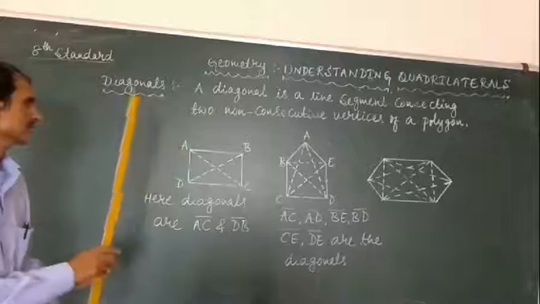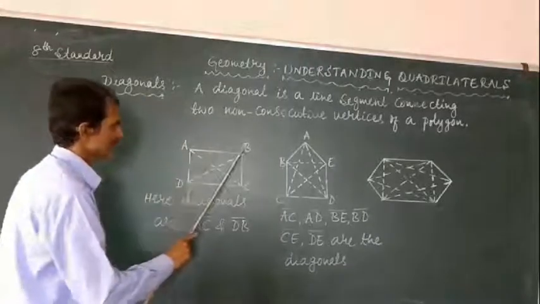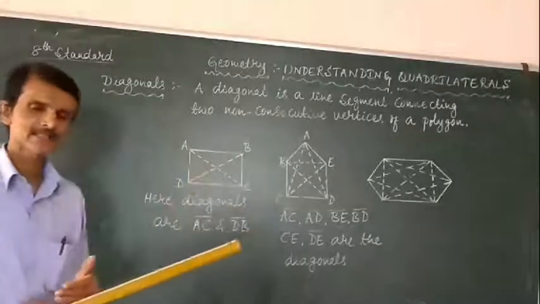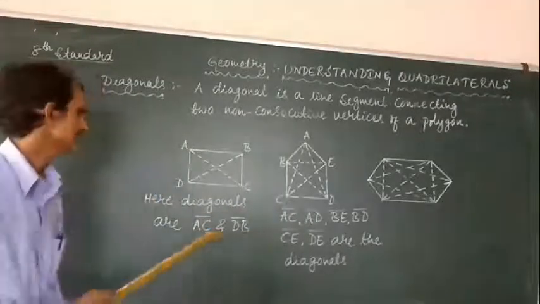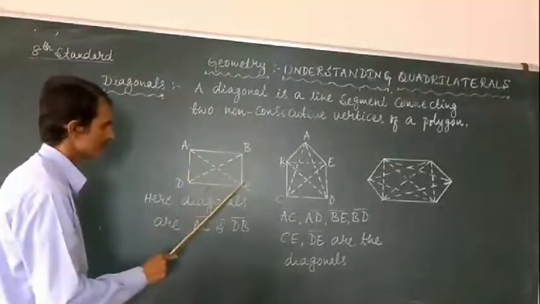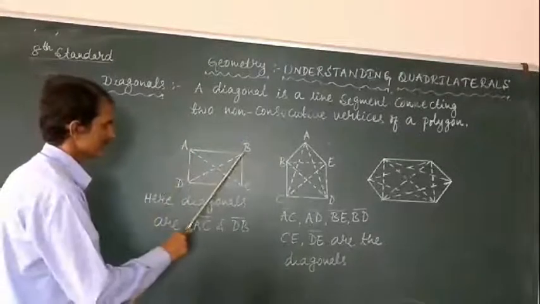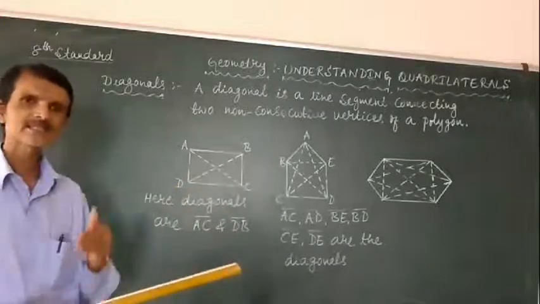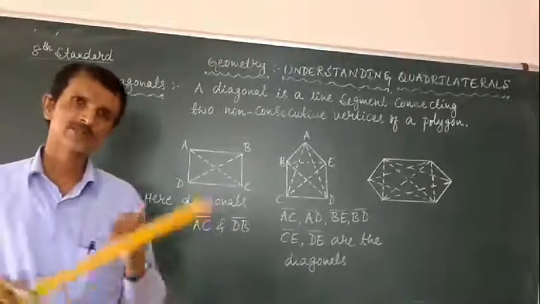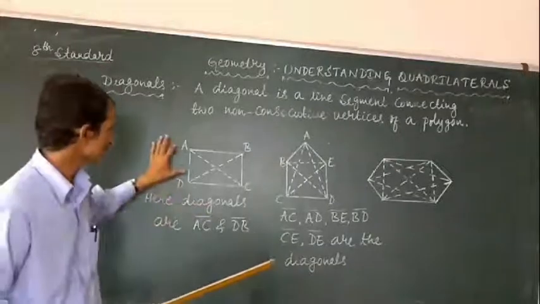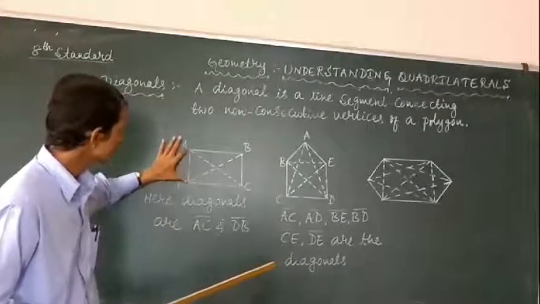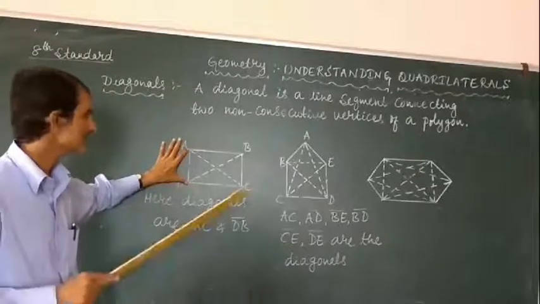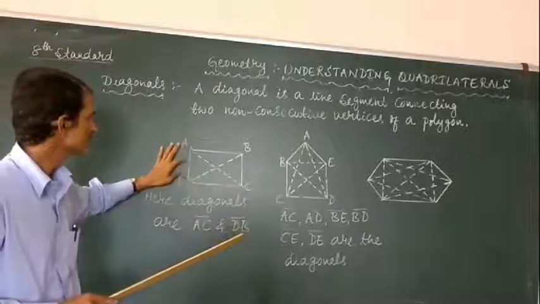Here AB, BC, CD and DA are called the sides of the given polygon, because they are the line segments joining the adjacent or consecutive vertices.